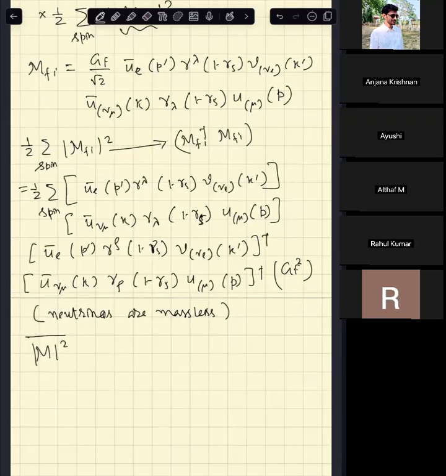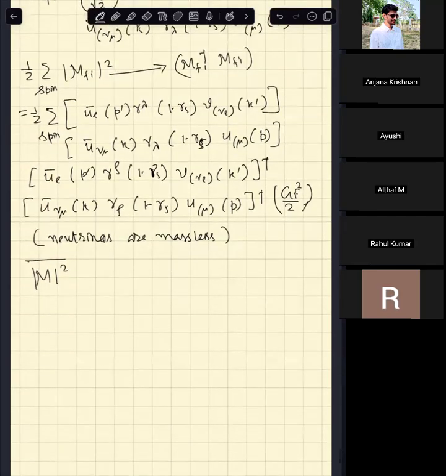It was G_F by root 2. So we have this term, so in the |M| square you have G_F square by 2. Now when you write down this term, it is G_F square by 4, because there's a half here, and this quantity I'm writing is basically this one, right? I'm not writing the sum and all those things explicitly.